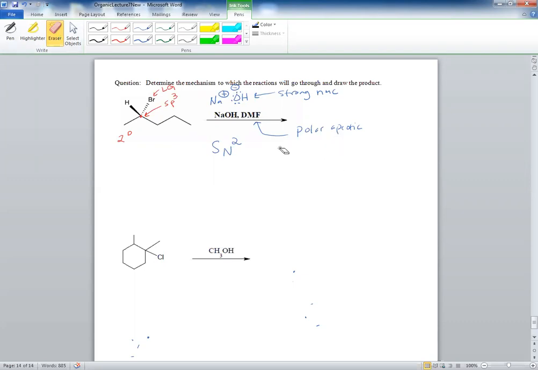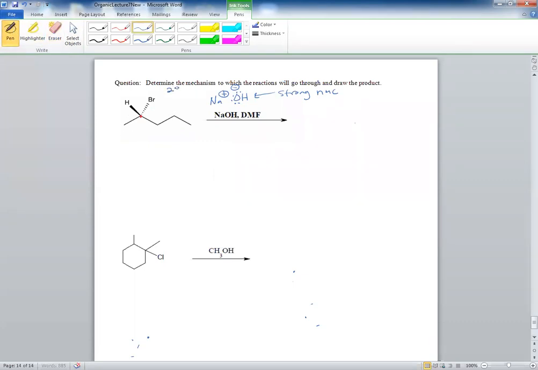Now to draw the product, and we're going to show you the mechanism. I'm going to erase this and this right here, so we can put this again here.